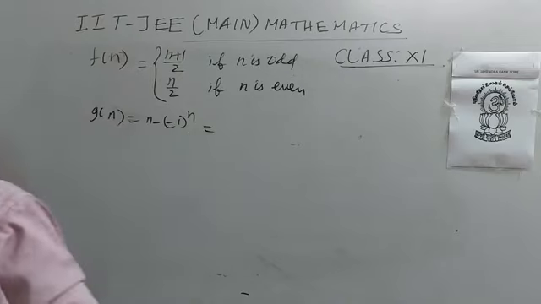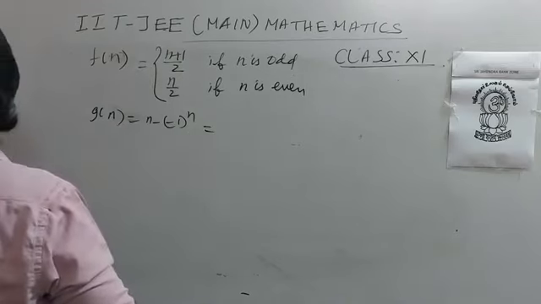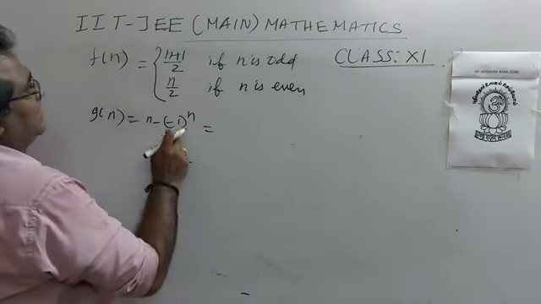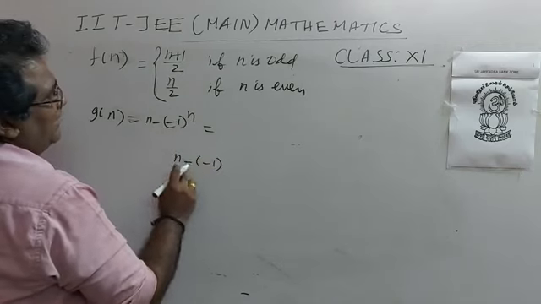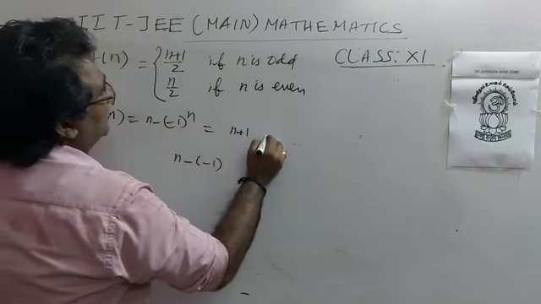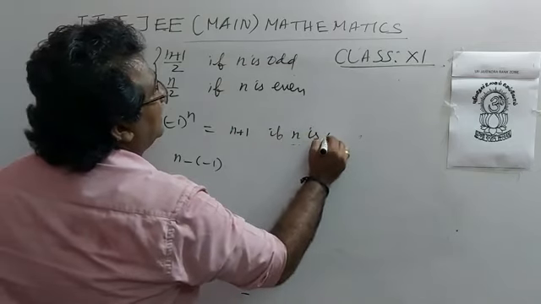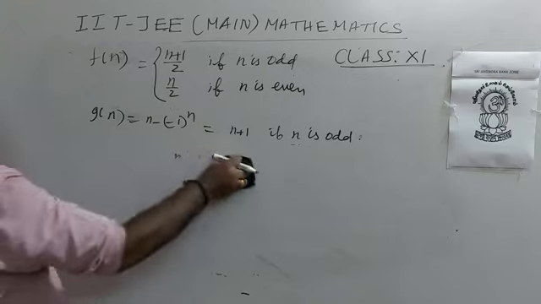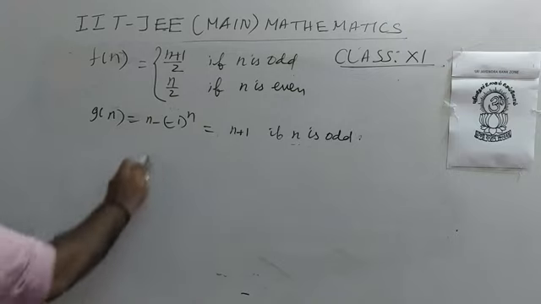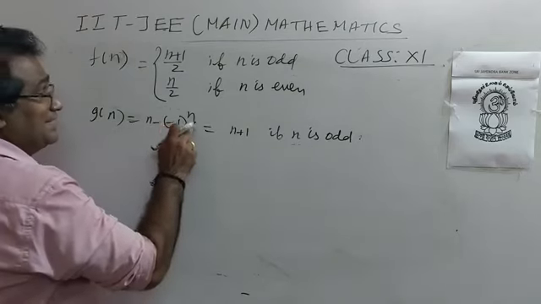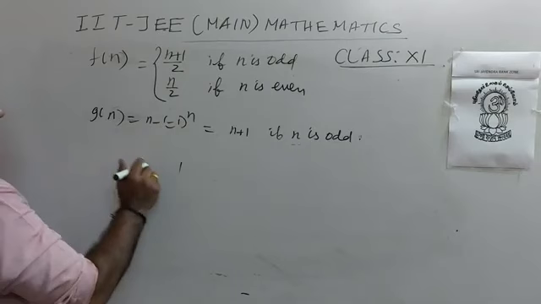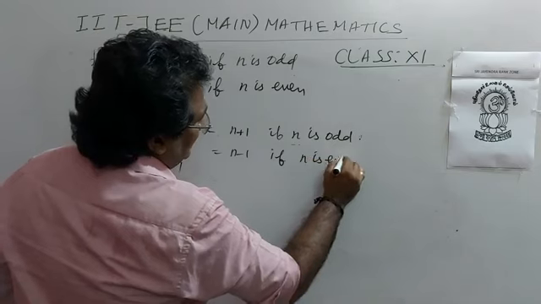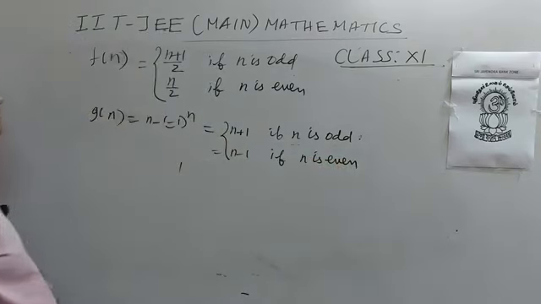If n is odd, n minus odd power will give you minus 1, minus minus plus 1, that is n plus 1 if n is odd. So minus 1 whole power n is equal to plus 1 when n is even, so it will become n minus 1 if n is even.